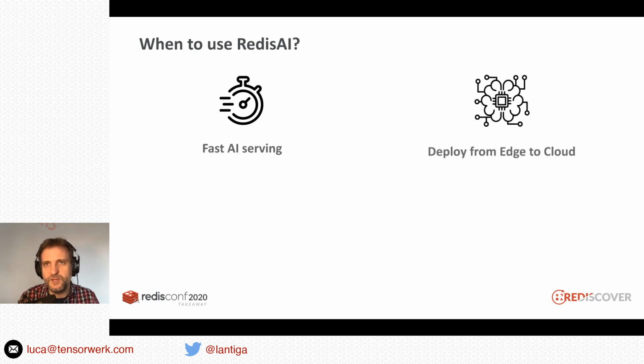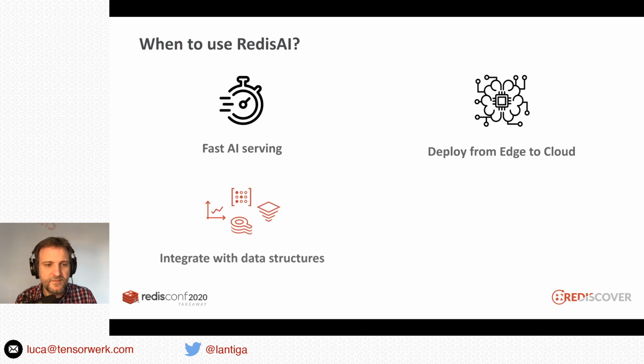When you don't know where you will deploy, or when you know that you will have to deploy from the edge to a spectrum of other scales, and you don't want to commit to a particular scale, you know that RedisAI will work well if you compile it for ARM and just use it on an embedded device up to large cloud clusters. You can also integrate it with other data structures that are present in Redis. So whatever data structure Redis provides, or whatever data structure other Redis modules provide, you can make them interact.